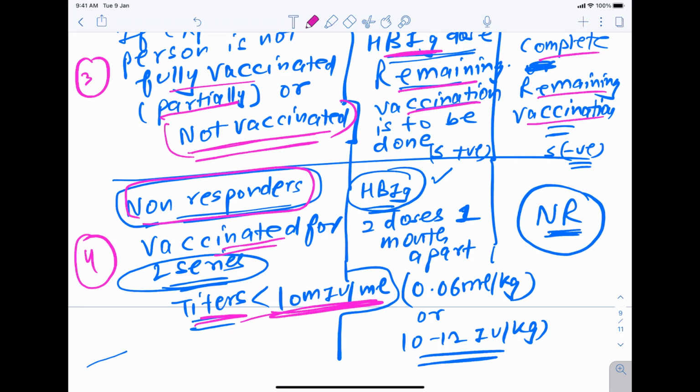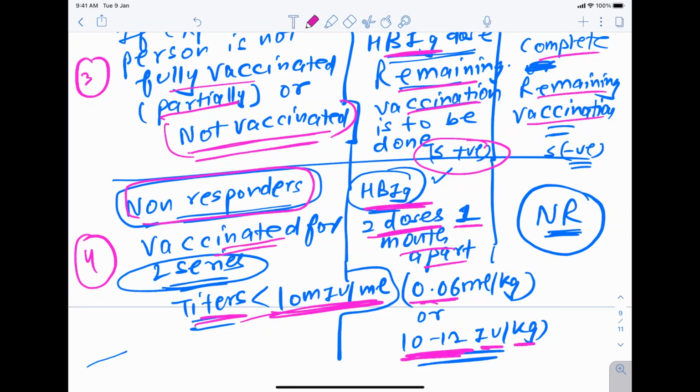They are termed non-responders. If they are exposed to a positive source, then they can be helped by giving hepatitis B immunoglobulin, 2 doses, 1 month apart. What is the dose? 0.06 ml per kilogram or 10 to 12 IU per kilogram.